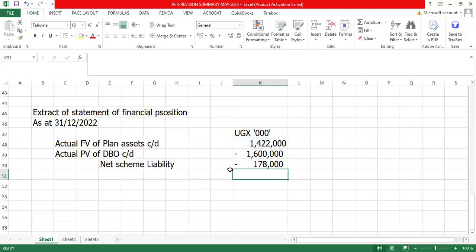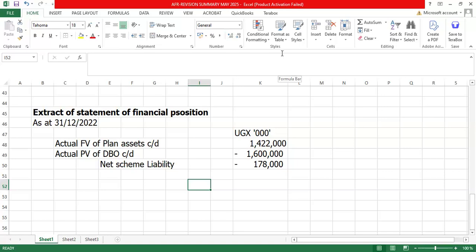And that's all, colleagues. That's really all with that number. You have shown what should appear in the profit or loss, what should appear in the balance sheet. So we are done with that number.